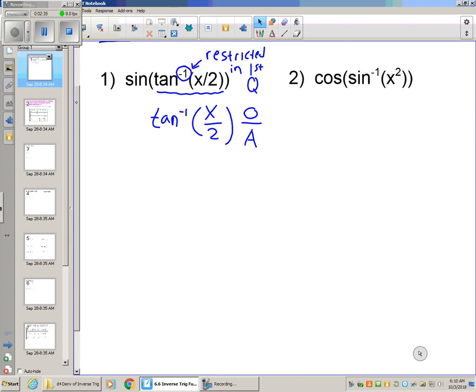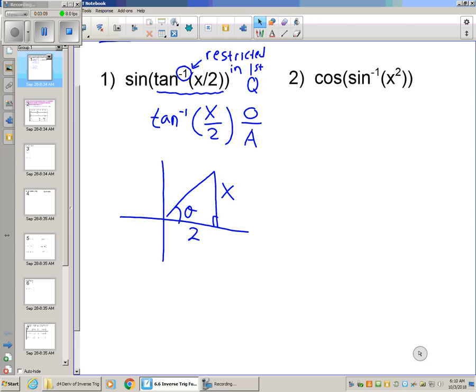We are in the first quadrant, like I said, and that means our right triangle is associated with this angle measurement here. The angle measurement I'm trying to find has a side ratio of the opposite being x and the adjacent being 2. Using those values, we can find the hypotenuse of the triangle as well.